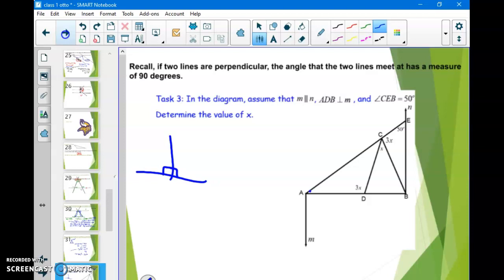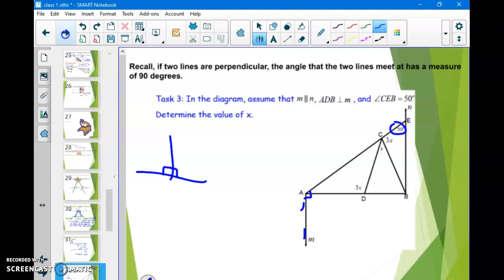So I'm going to say that ADB, this line here, and line m are perpendicular. So I'm going to put that in there. And we know that CEB is 50. I'll put that over there. And we want to determine the measure of x. So we have a couple places in the problem where we have the x measurement.